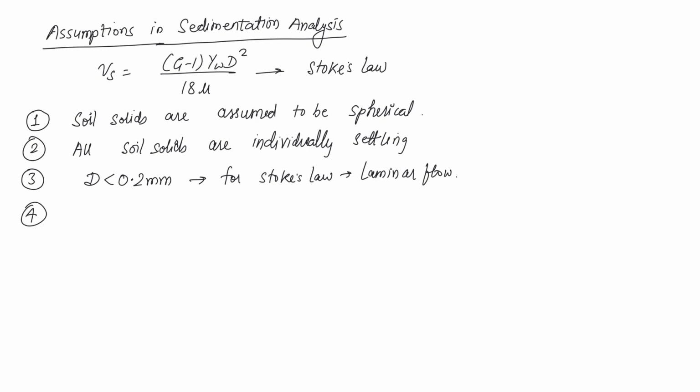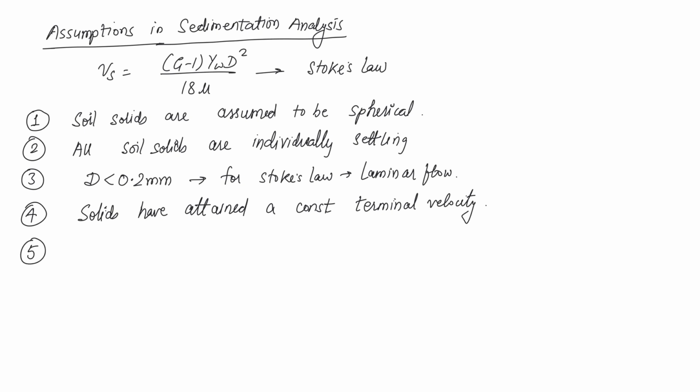Now also we have assumed that solids have attained a constant terminal velocity. But yes, it is also possible that gradually the velocity of settling will keep on decreasing. So this is again our assumption that as soon as we stop mixing and particles start settling, their velocity becomes equal to the terminal velocity, and that will remain constant.